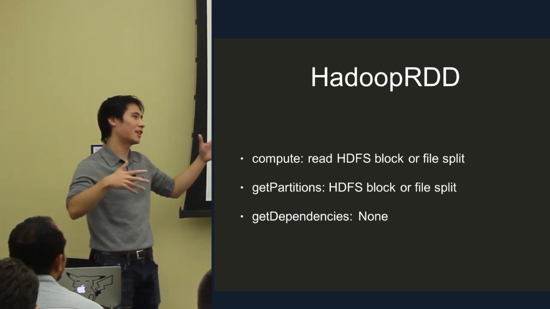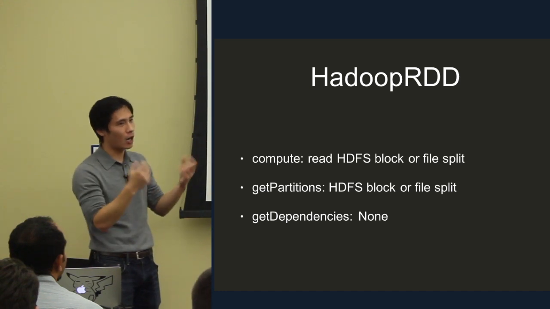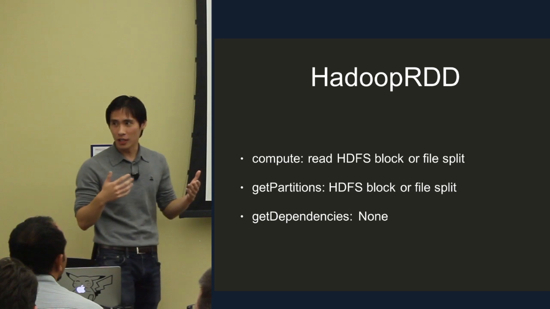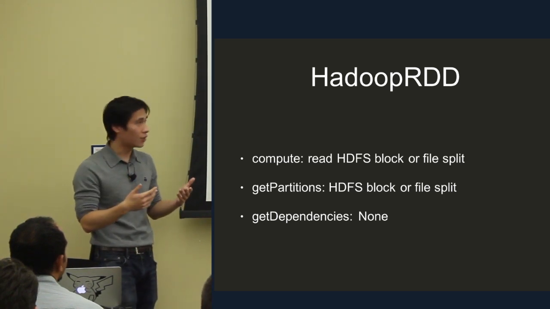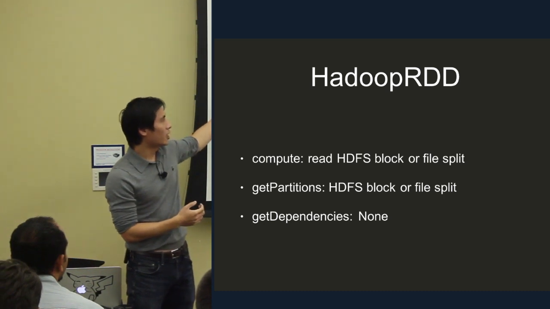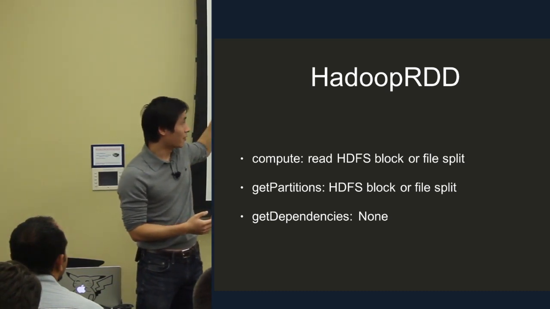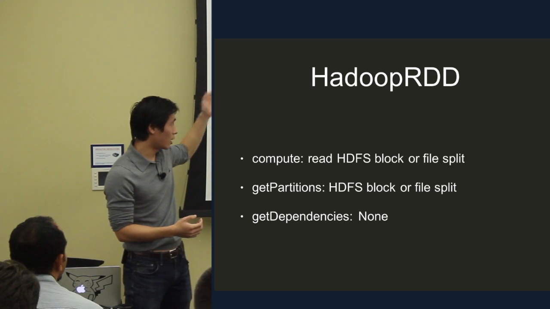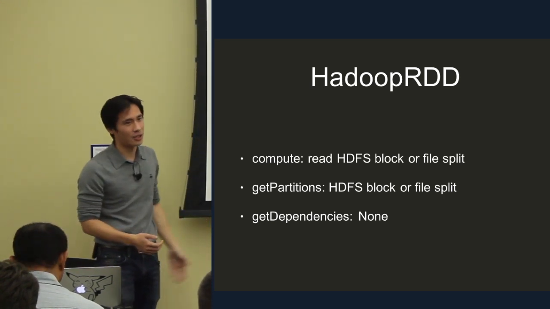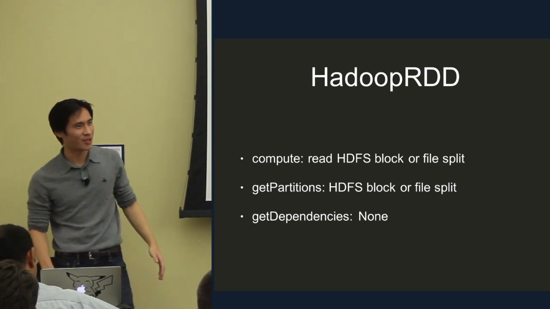If you have a multi-gigabyte file, Spark will automatically split it into, say, one gigabyte chunks so that you can easily run parallel computations over it. And getPartitions is what defines a partition split. Spark will either do it at the file level or split it by HDFS block, and there are no dependencies because it's the source.